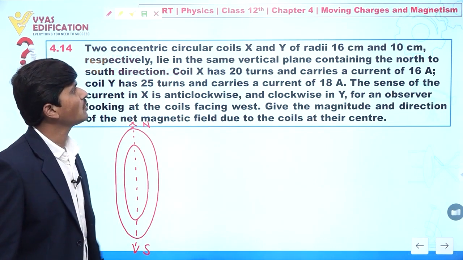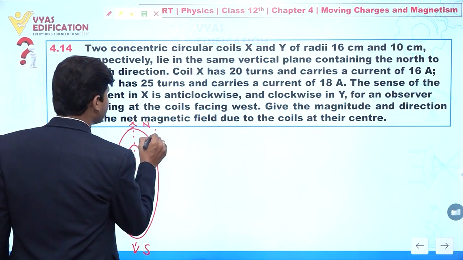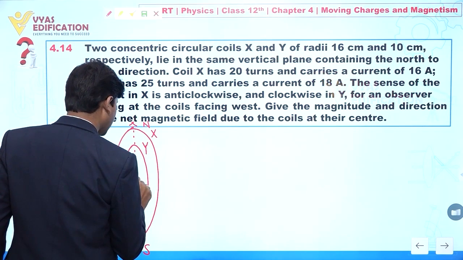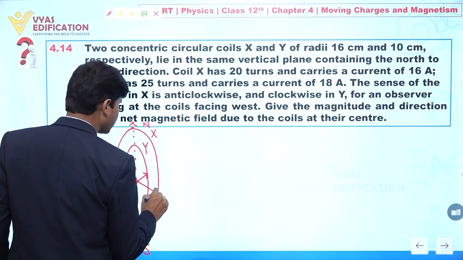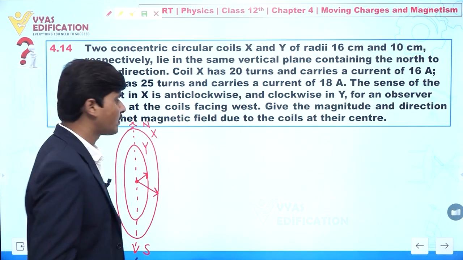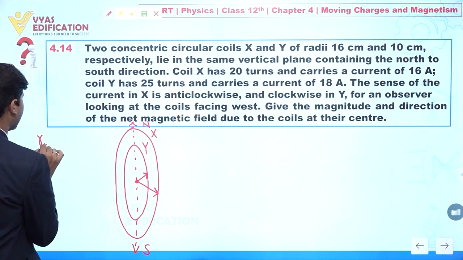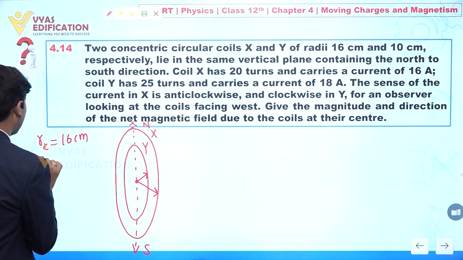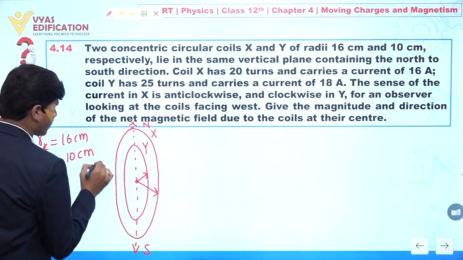Two concentric circular coils X and Y having radius 16 and 10 cm. It means outer one is X and this one is Y. Let's suppose this is center. So we can say here we have two radii like this, and value of radius is also given. So I am writing this side. Value of Rx, this is given by 16 cm. Clear? And value of Ry, this one is given to you 10 centimeter. Clear?